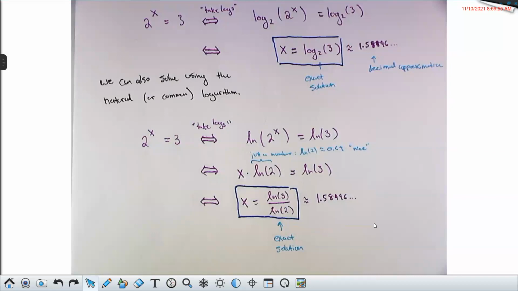So what's the result here that I'm hinting at? Well, base 2 log of 3 is 1.58496. ln3 over ln2 is 1.58496. So if you change the 3 and the 2 here to something else, you could change the 3 and the 2 here to something else. This is called the change of base formula.